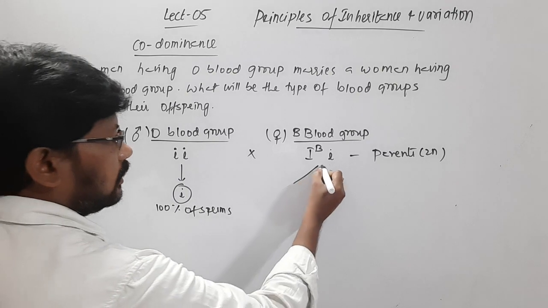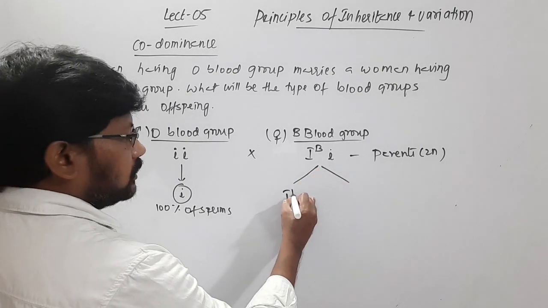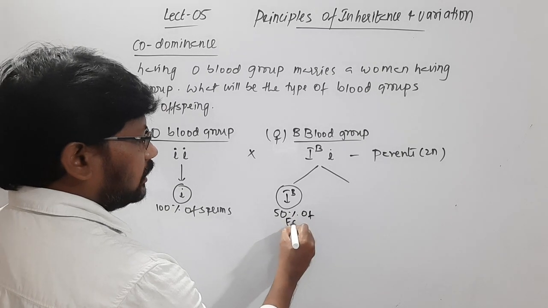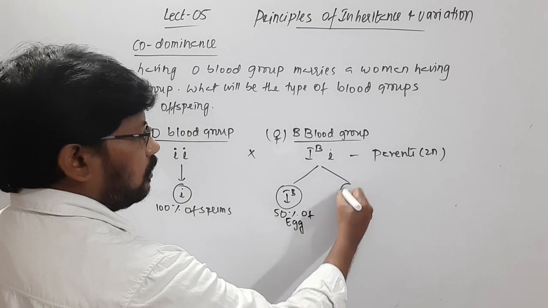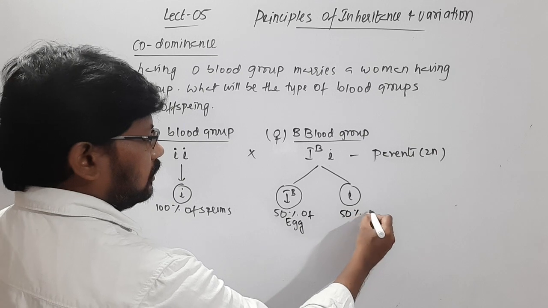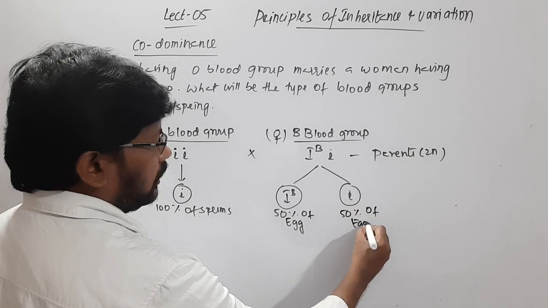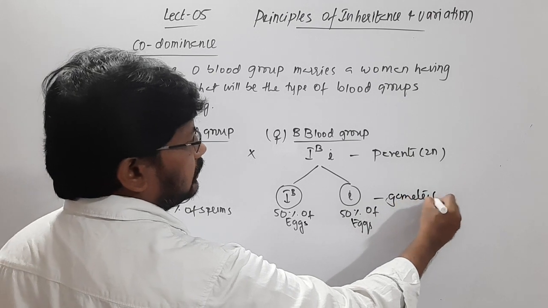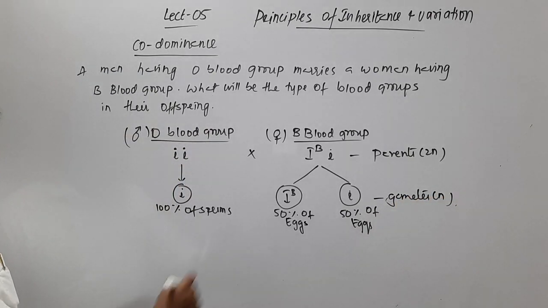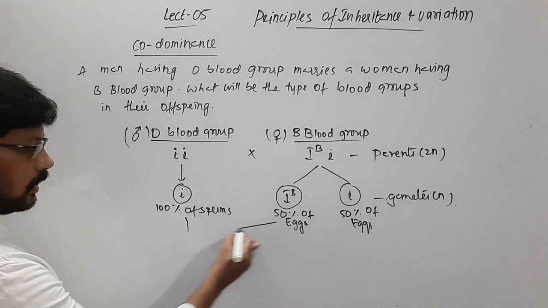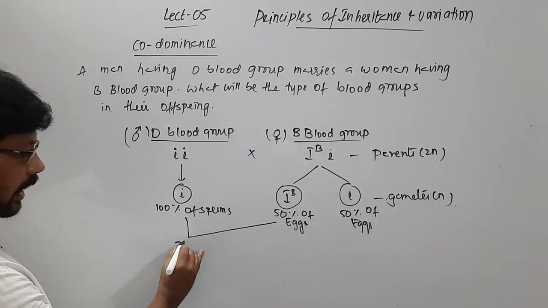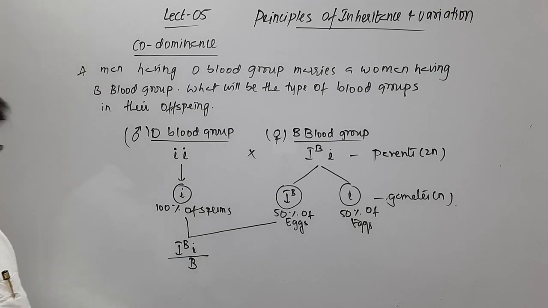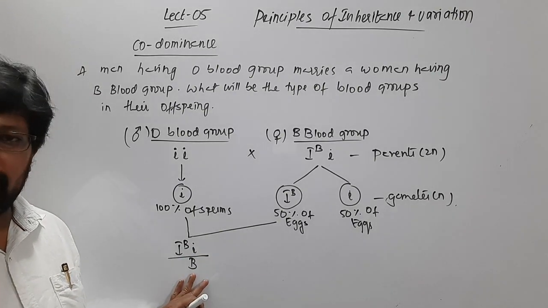But here 50% of eggs will be carrying IB, and small i in 50% of eggs. So gametes are N. Now when this one and this one combine, it will be IB and small i, then the young one's blood group will be B blood group.